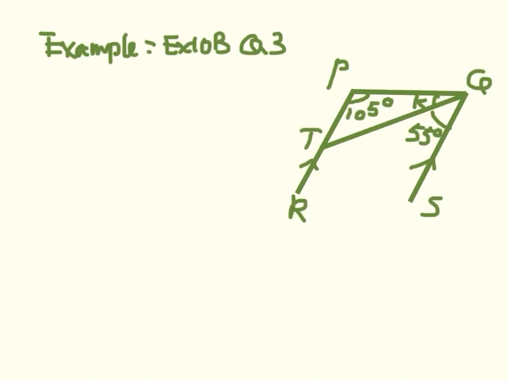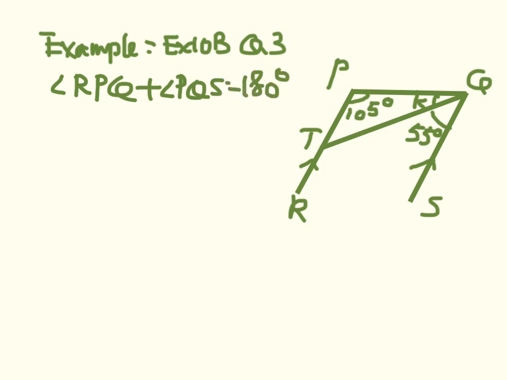See an example in exercise 10 question number 3. The diagram shows that PR and QS are parallel. As a result, angle RPQ plus angle PQS is 180 degrees by interior angles, PR parallel to QS.